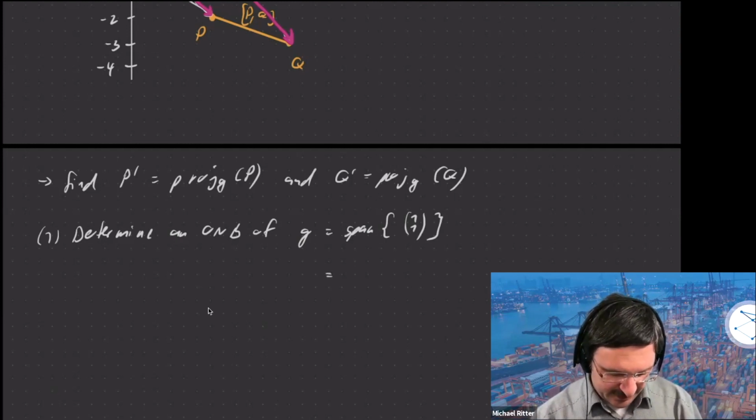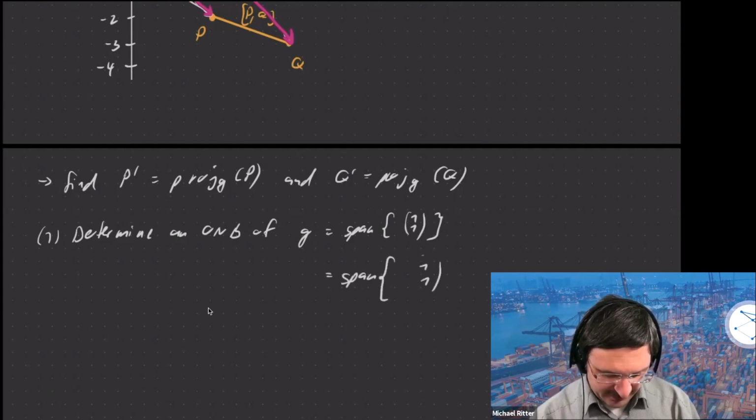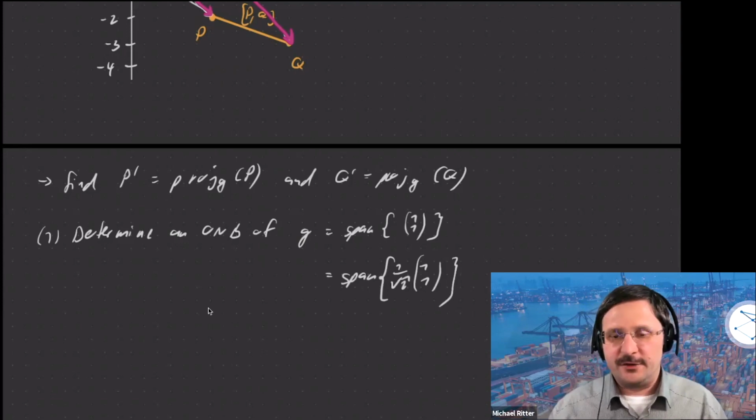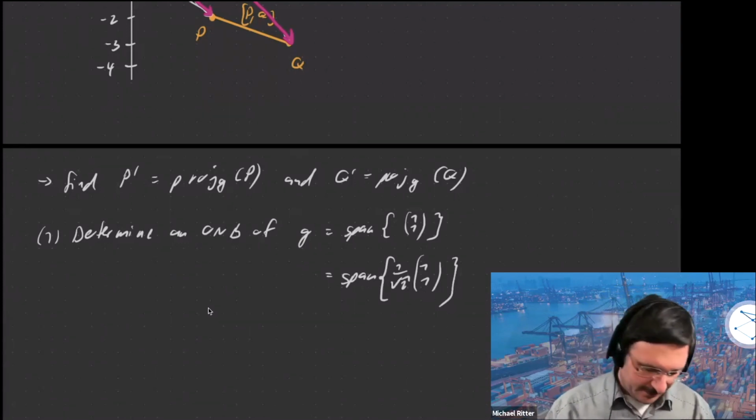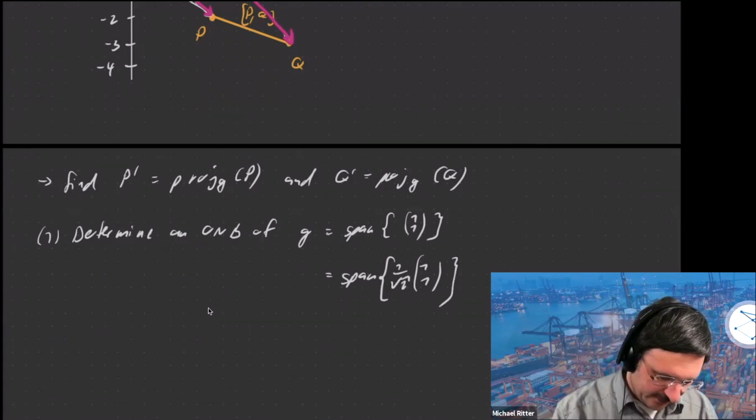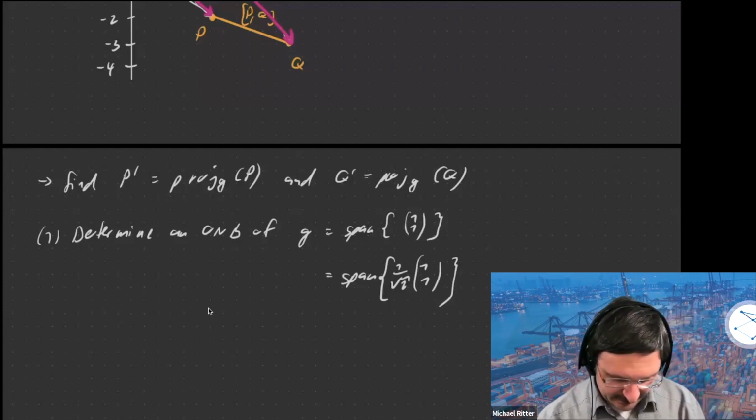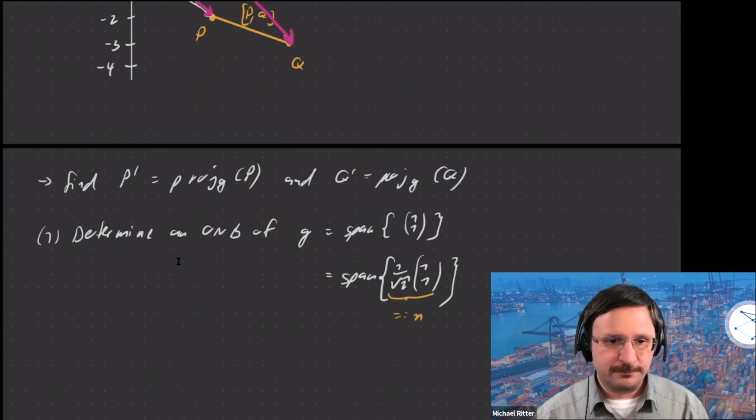And of course, the span of the vector 1, 1 is the same as the span of any normalized version. The norm of that vector is square root of 2. So we just divide by square root of 2 to normalize that vector. And we'll call this vector n, for normal vector.